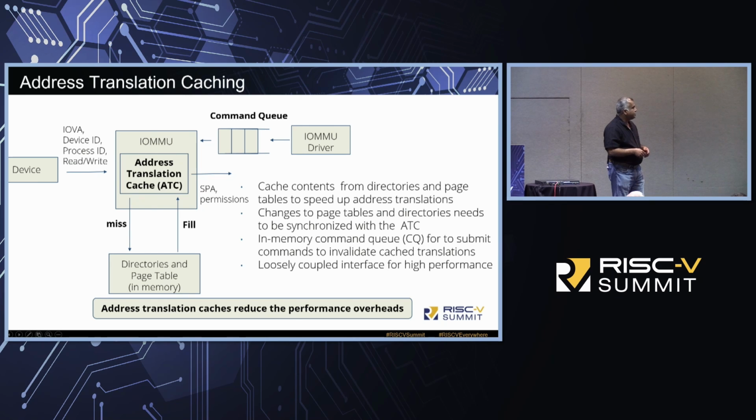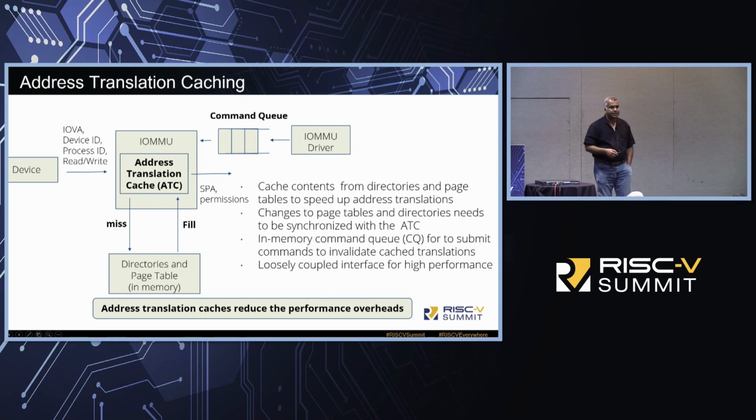Now, this leads to a question: if I modify the table in memory, how do I make the IOMMU observe it? We have to have some way to invalidate the cached contents and have the IOMMU observe the new content in memory. And that's where the IOMMU defines the concept of a command queue, through which an IOMMU driver can queue commands to the IOMMU for address translation cache management.